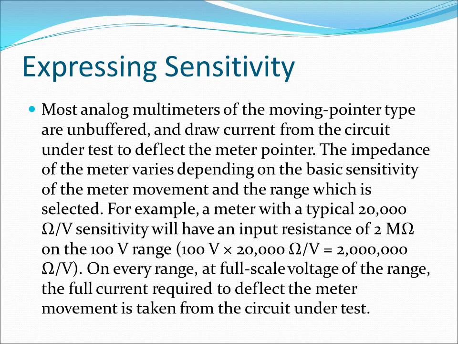For example, a meter with a typical 20,000 ohm per volt sensitivity will have an input resistance of 2 megohms at the 100 volt range, that is 100 volts times 20,000 ohm per volt, and that will give you 2 million ohms.